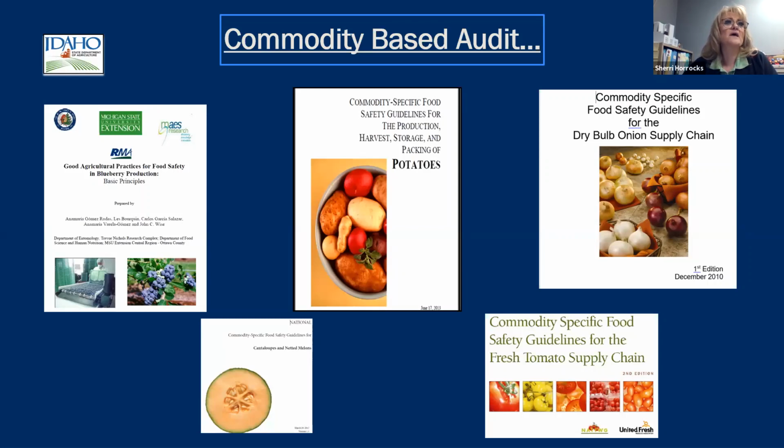What might be associated with potatoes may not be associated with something that would be for blueberries. So you as a grower would create a food safety plan that encompasses your entire farming operation that is commodity specific, and what are the specific rules and guidelines that are safe industry practices. Next slide.